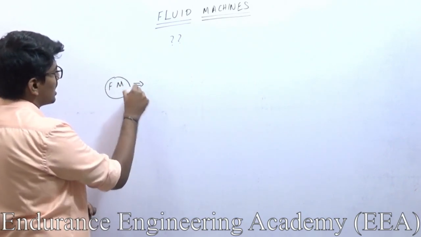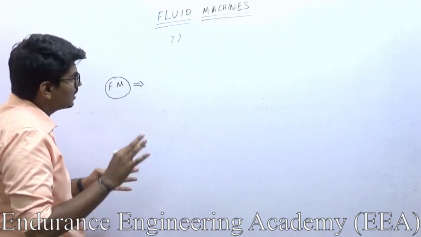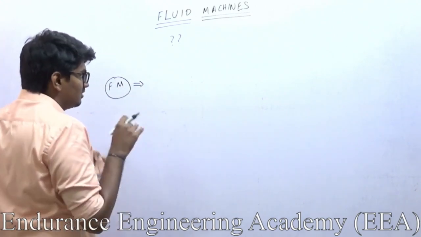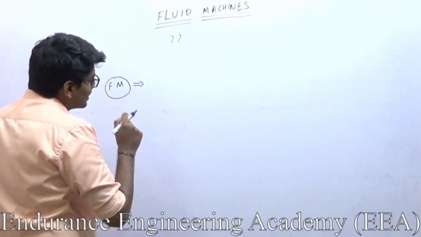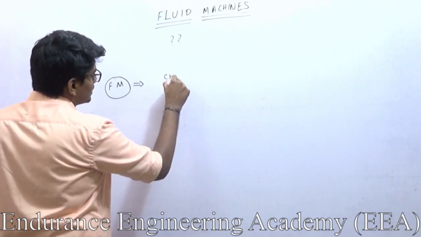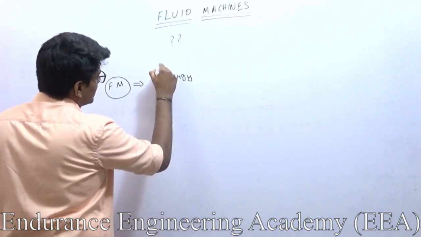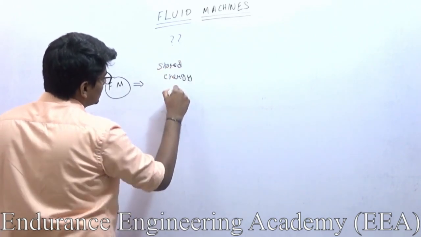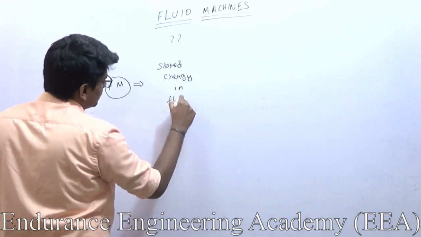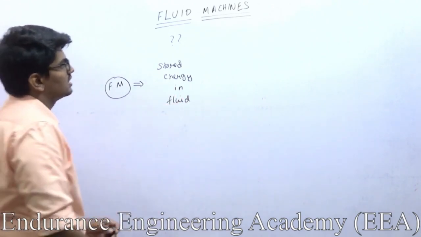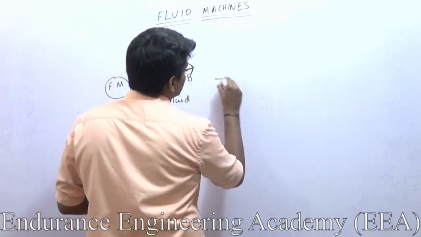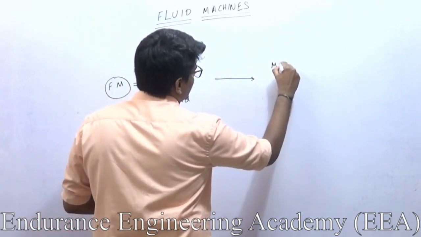So fluid machines are machines which are going to convert energy which is stored. I will write it as the stored energy in fluid. It's a machine which is going to convert stored energy in fluid to mechanical energy.